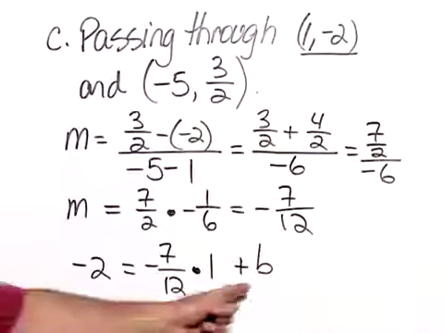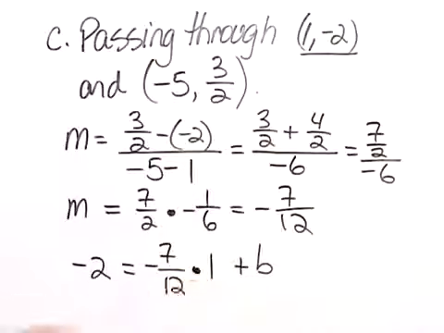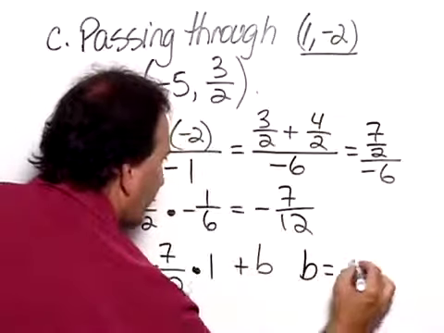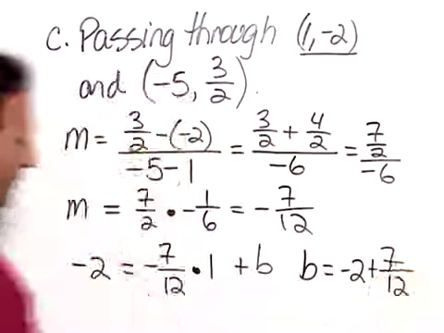Now we need to solve for b. Negative 7/12 times 1 is just negative 7/12. And that means we need to add 7/12 to both sides. That will give me b equals negative 2 plus 7/12.